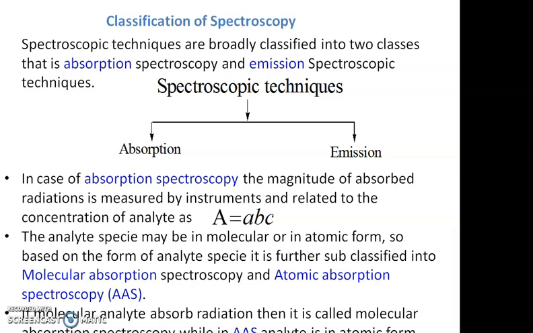Absorption spectroscopy can be of two types: molecular absorption spectroscopy and atomic absorption spectroscopy. In molecular absorption spectroscopy, the molecule is irradiated by radiations, whereas in atomic absorption spectroscopy, the atom is irradiated by the electromagnetic radiation.